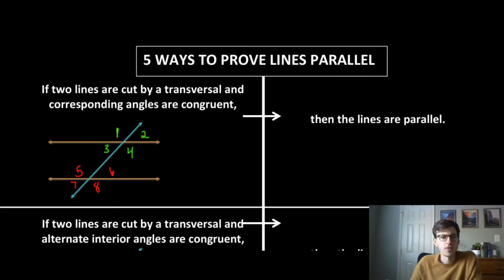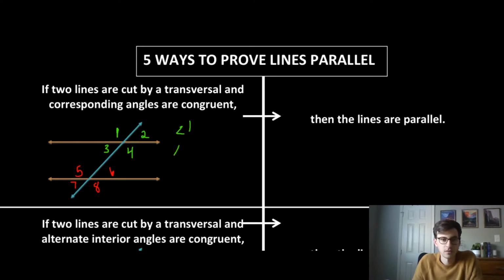Now I'm told that two lines are cut by a transversal, so I don't know that they're parallel, even though they look like it, because I haven't proved that. But I do know that the corresponding angles are congruent.